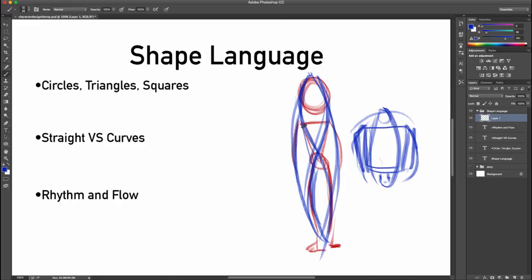I get asked quite a bit, what is it that people look for when looking at a portfolio when you want to work at a place like Disney? And I answer the same thing. One is, you want to have your portfolio geared for the job that you want. So if you want to work at a place like Disney, then you want more cartoony characters.